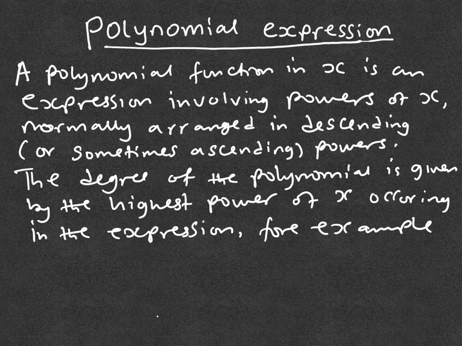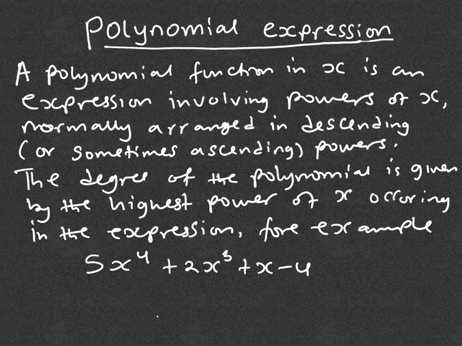Okay? If we have an expression like 5x to the 4 plus 2x cubed plus x minus 4, okay? This is a polynomial because we see the powers of x arranged this time in descending order, okay? The highest is 4, from 4 you go to 3. There is supposed to be a 2, but sometimes some powers are omitted if the coefficients are 0, okay?